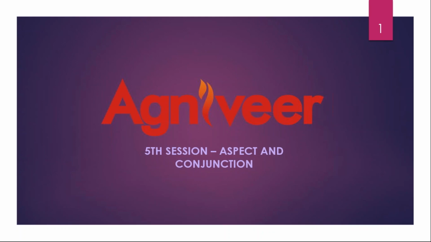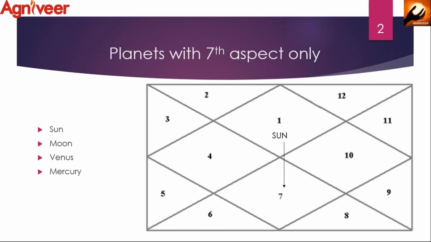So let us understand what is aspect and what it actually means. Aspect is something you can infer as, suppose Sun is posited in the first house of your horoscope, and then it will be aspecting 7 from itself.